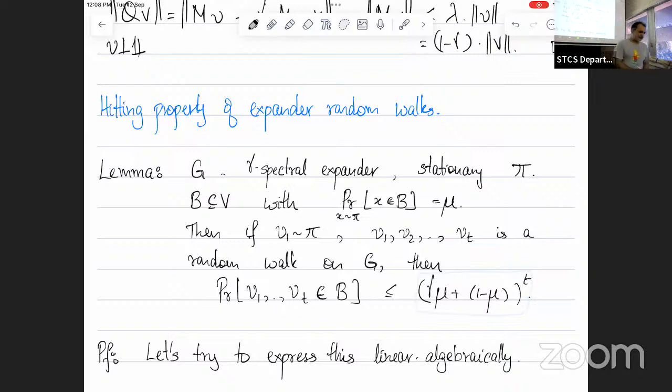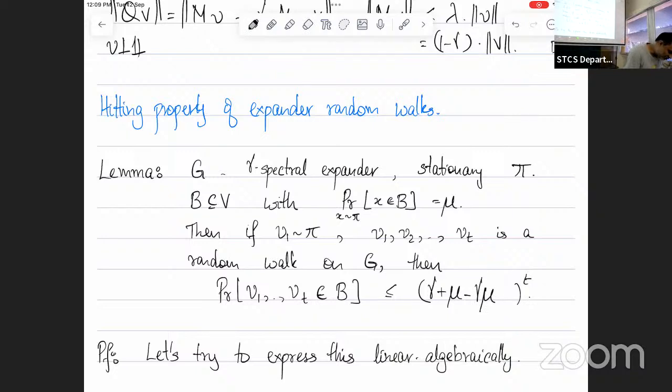So there are multiple ways to write this. So the thing inside, let me write it as gamma plus mu minus gamma mu. Okay.